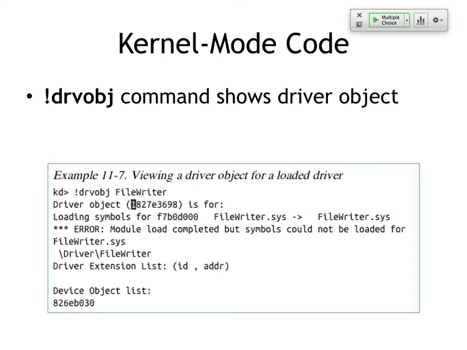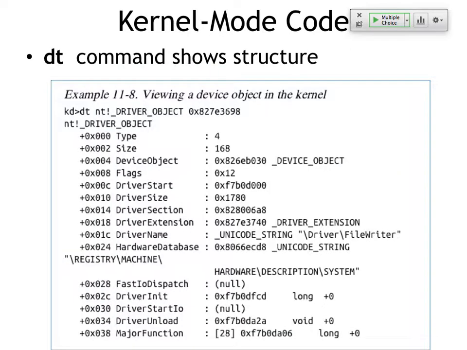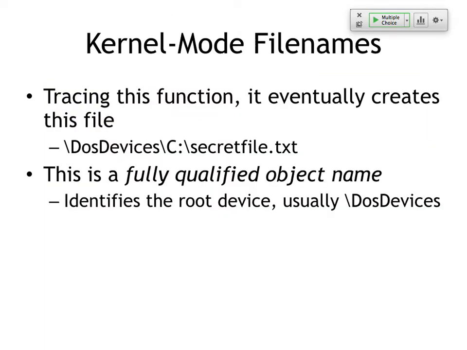So the drvobj command will show a driver object, and you can see it. And dt will show the structure of the object. So this is, I think, the malicious thing. Anyway, if you trace this, when you go into kernel mode, you don't have things like C, D, and E. Those are userland objects.